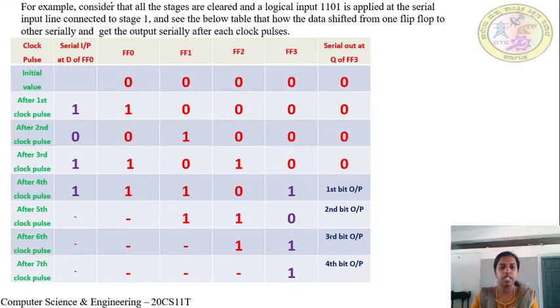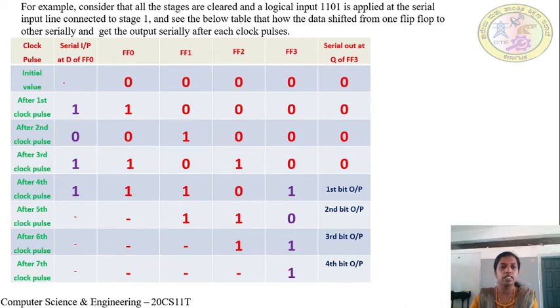We will consider an example. The data to be shifted in serial manner is 1101, and it should be obtained as output in the same manner. We will see in the table below how the data is shifted from one flip-flop to another serially, and the data output is obtained serially after each clock pulse.